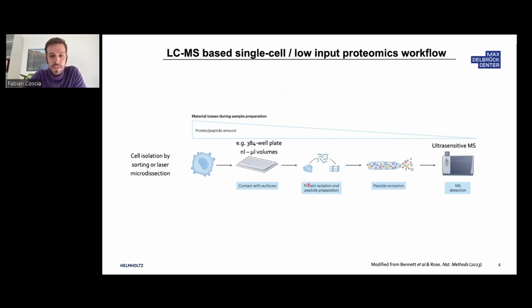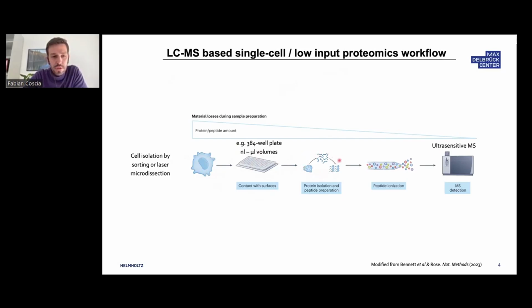The community has developed different sample preparation workflows over the last couple of years, so that after protein extraction from a cell, we can isolate the proteins.